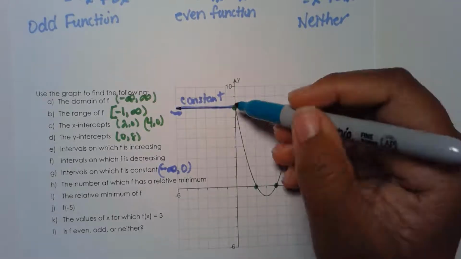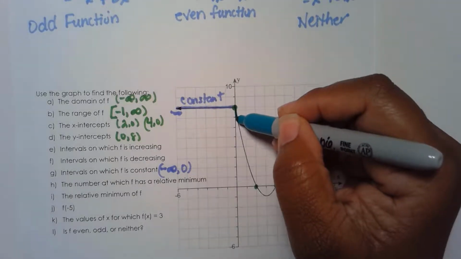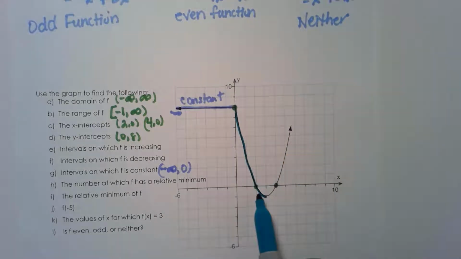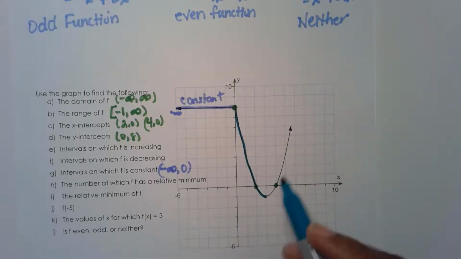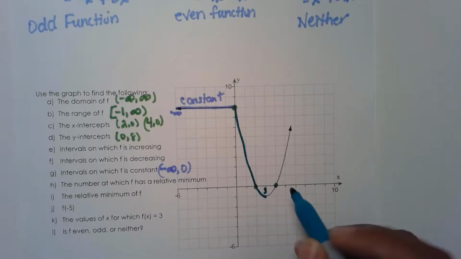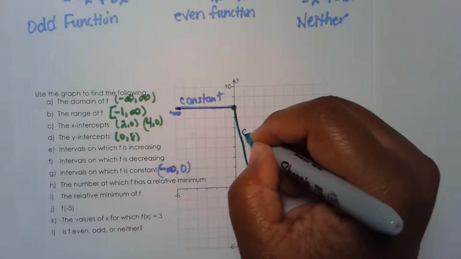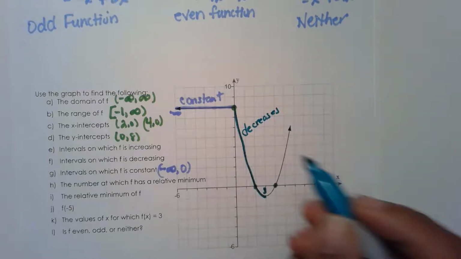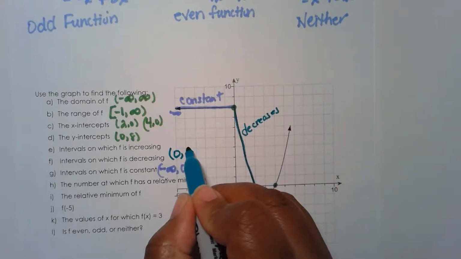So what's going to take place? From 0 to, 1, 2, 3, this is where it decreases. So we would say 0, comma 3.